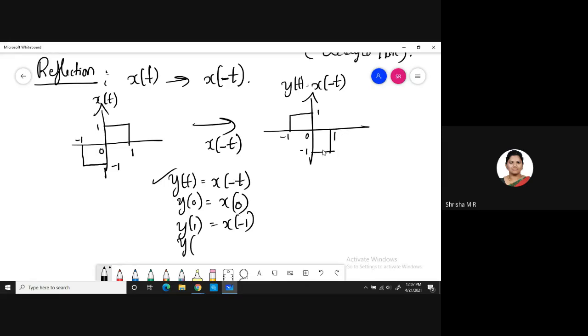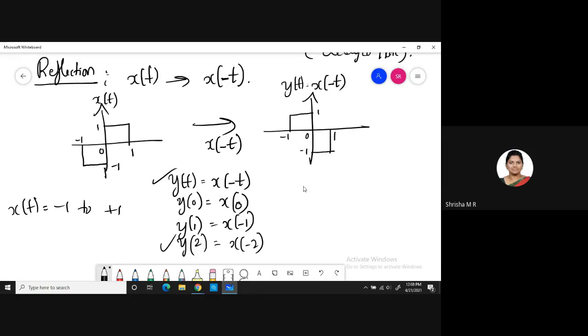Similarly, y of 2 will be x of -2. We don't need this iteration because you have a signal from -1 to +1 for x of t, so y of 2 will be 0.